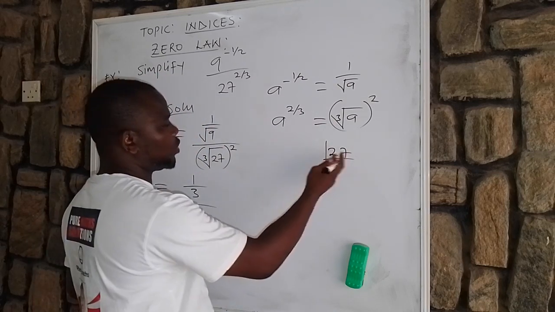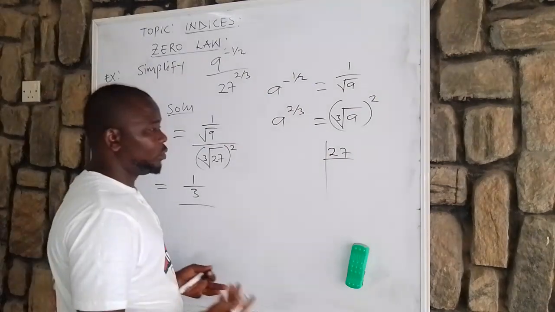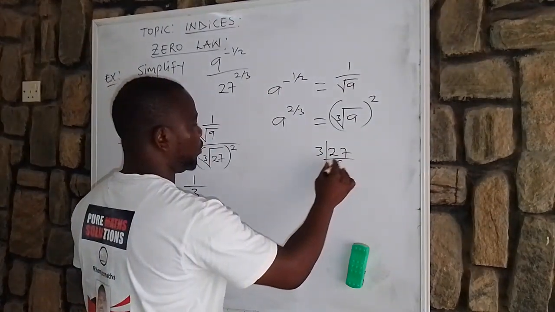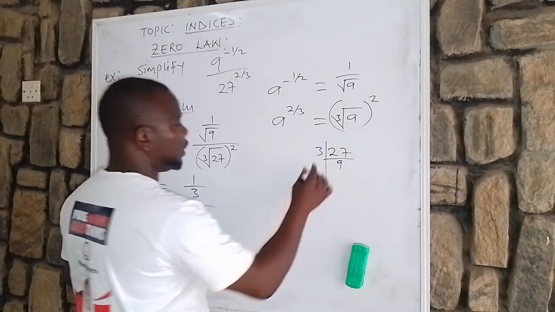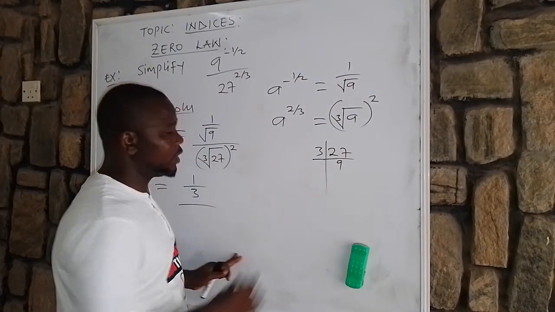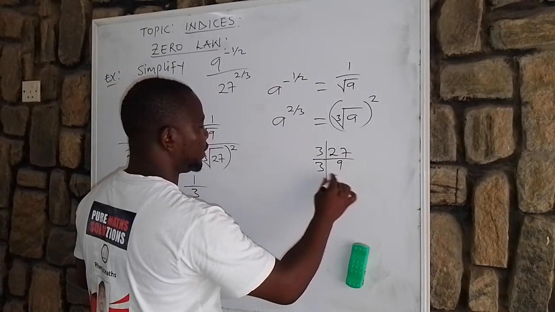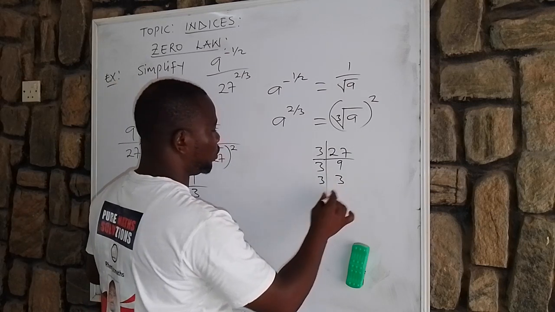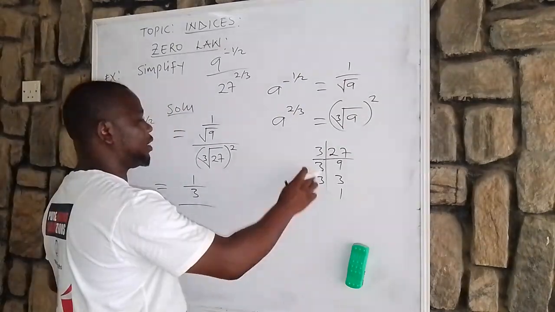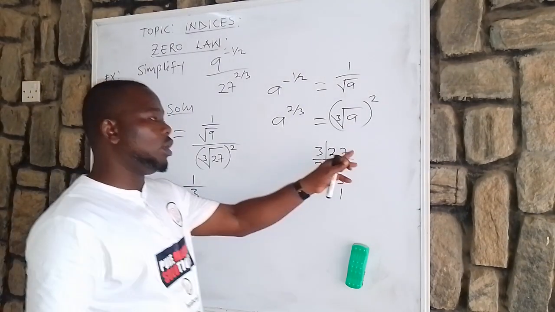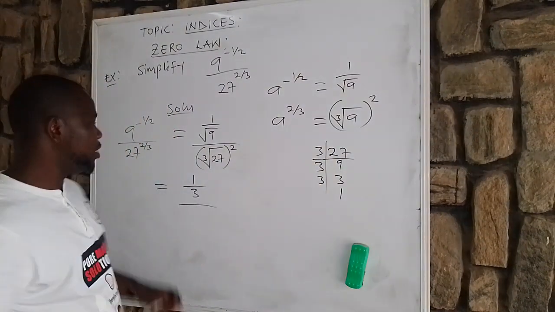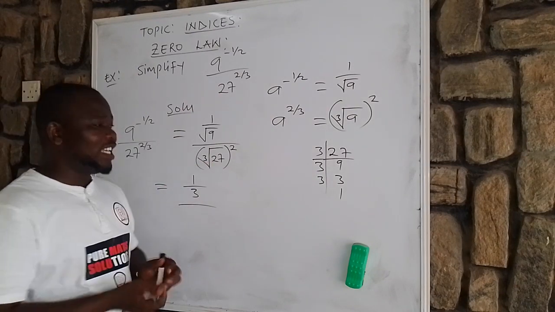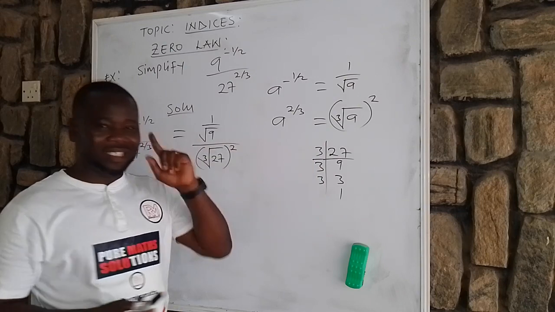Can we use 2? Can 2 divide it? No, it will leave a remainder. True or false? Let's try 3. 3 into 27 is 9. True or false? Then 3 can still divide, right? 3 into 9 is 3. Yes. 3 can still divide, right? 3 into 3 is 1. You discover that 3 times 3 times 3 gives us 27. That is the meaning of cube root. So this implies that the cube root of 27 is 3.